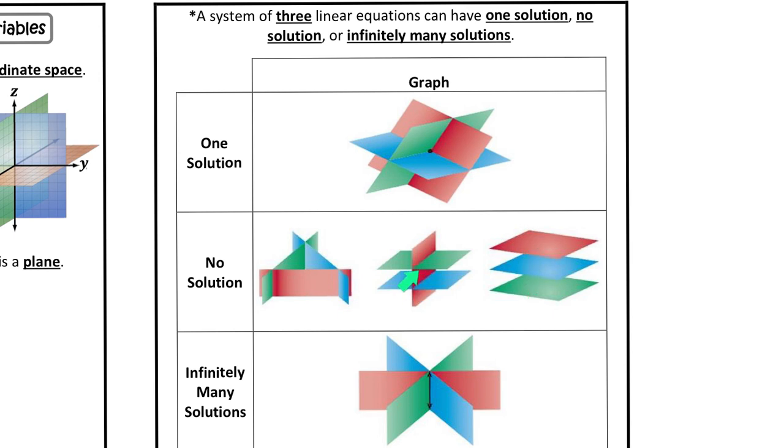Here you would say, hey, I thought you said they couldn't intersect, so there's no solution, but the red and the green are intersecting. Yes, that's true. But are all three colors being intersected here? No. The same thing for this bottom section here.